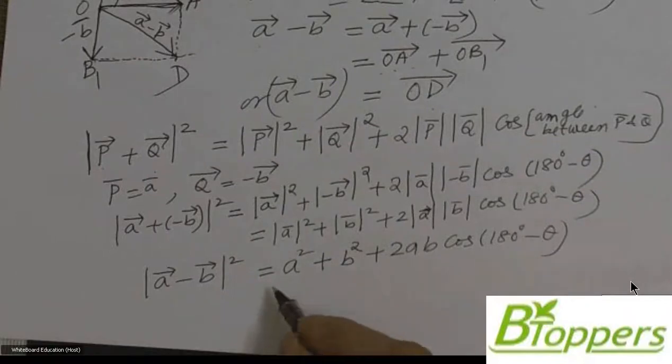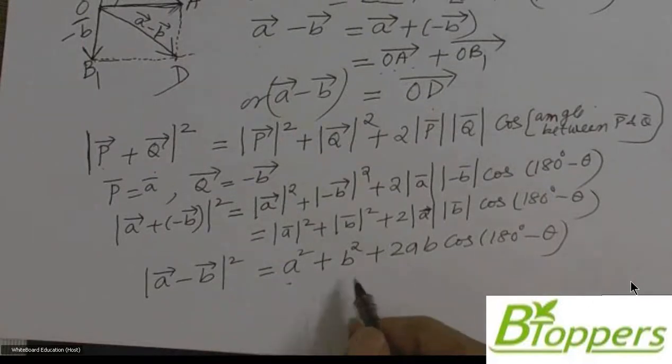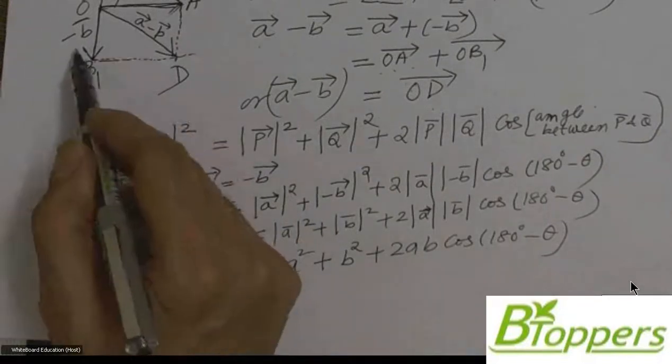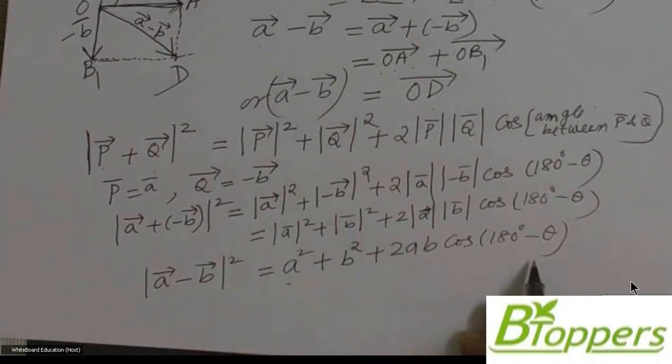So the square of the magnitude of the vector difference A bar minus B bar is equal to A square plus B square plus 2AB cos 180 degrees minus theta. So here 180 degrees minus theta represents the angle between the vectors A bar and minus B bar.